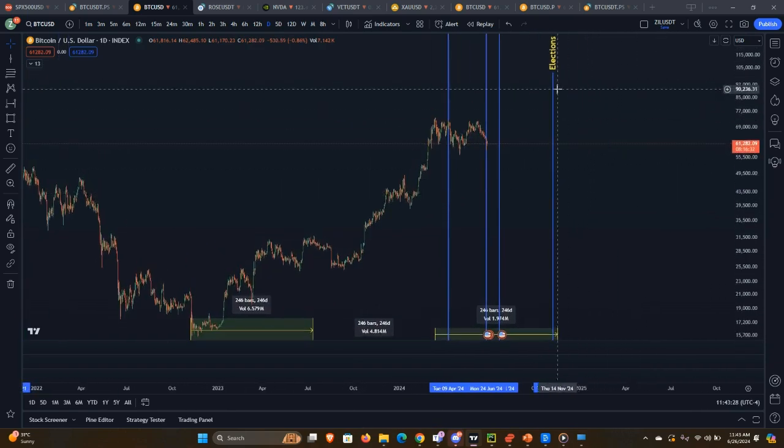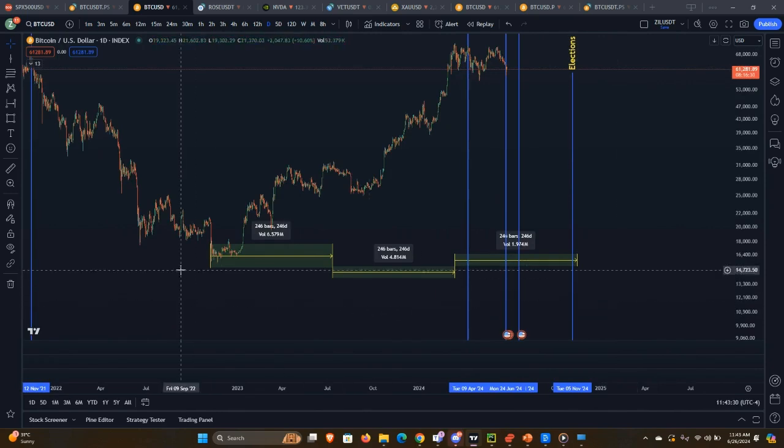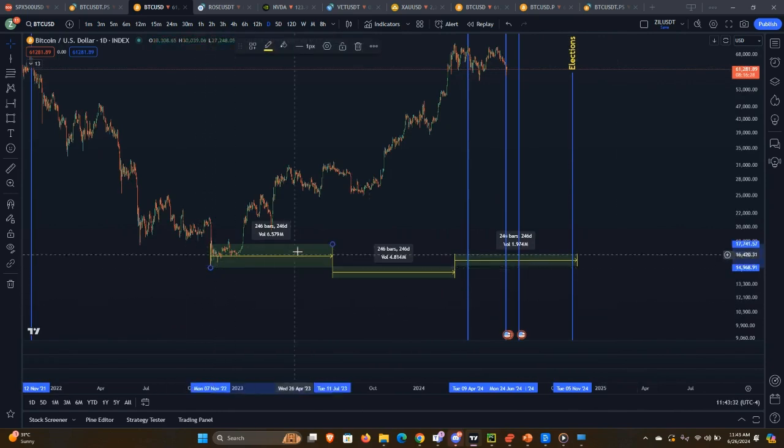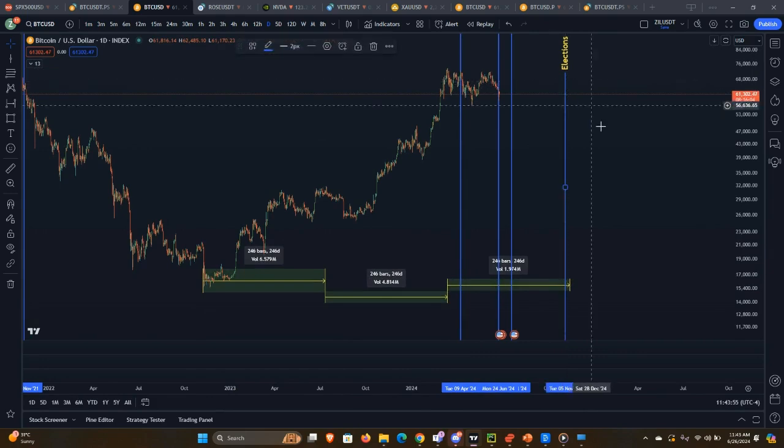And why I have highlighted the elections here is because I noticed another thing: from this bottom to this high, it took around 246 bars. From this high to this high that we found over here, it again took 246 bars. If we take a measured move from this top to this top, 246 days in the future, we get to November this year, and in November we have elections.